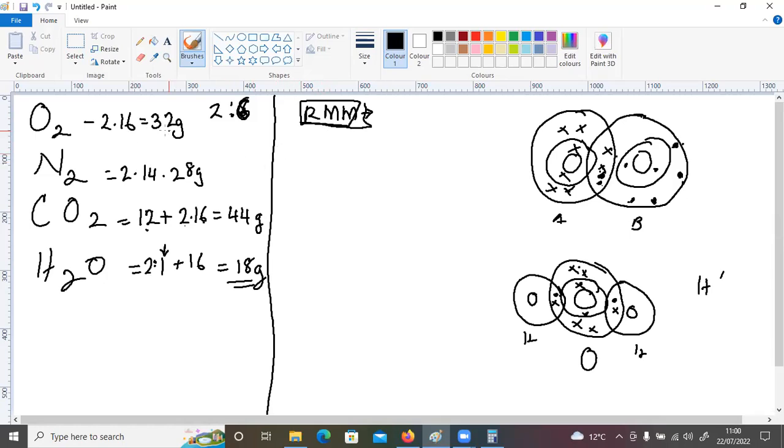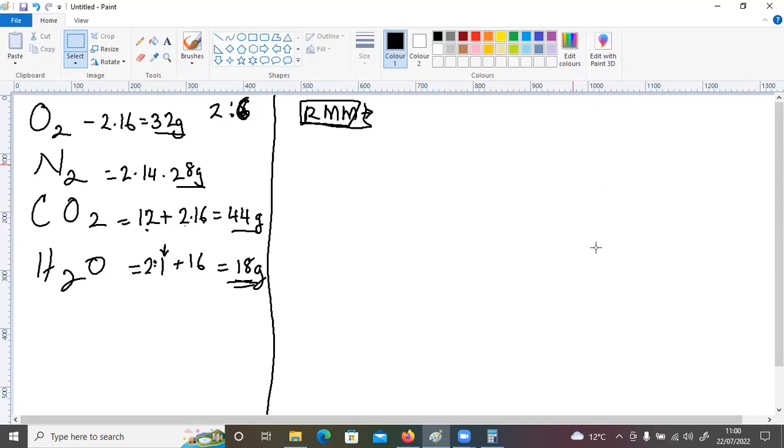And then these molecular masses now become their molar mass. On the other hand, at least I can take out this one. I believe people have seen it. I always need you to see it so that you are able to understand it more.